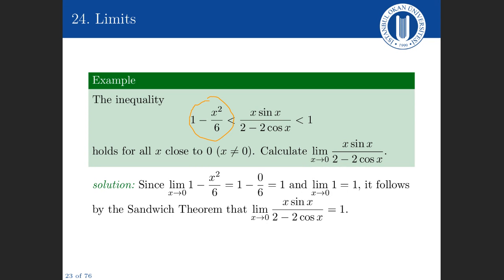We're going to calculate the limit of the function on the left, the limit of the function on the right, and then we're going to use the sandwich theorem. For the function on the left, we can calculate that this limit is equal to 1. The limit of the function on the right is also 1, of course. So by the sandwich theorem, the limit of the function in the middle must also be equal to 1.